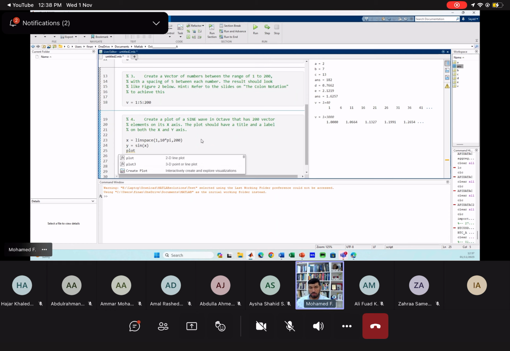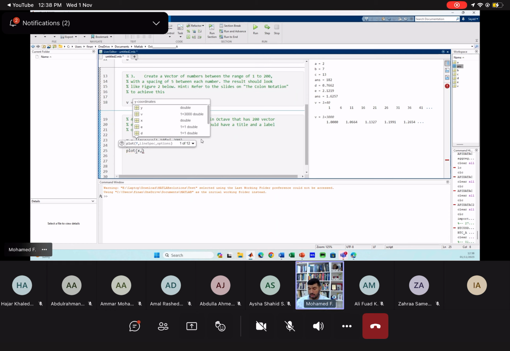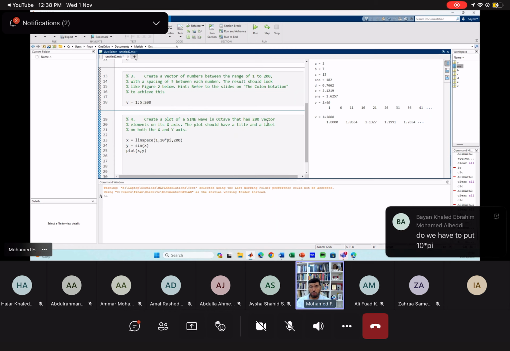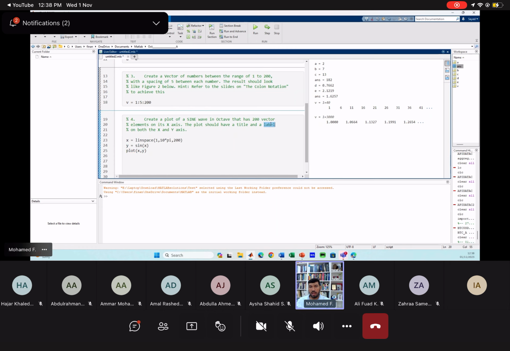Then he wants us to plot it. So plot x and y. But he wants you to put a title and a label. Do we have to put 10 pi? No. In this question, no. In other questions, he will specify for you the starting point and the ending point. Okay, so now below the plot, I'm going to put a title.